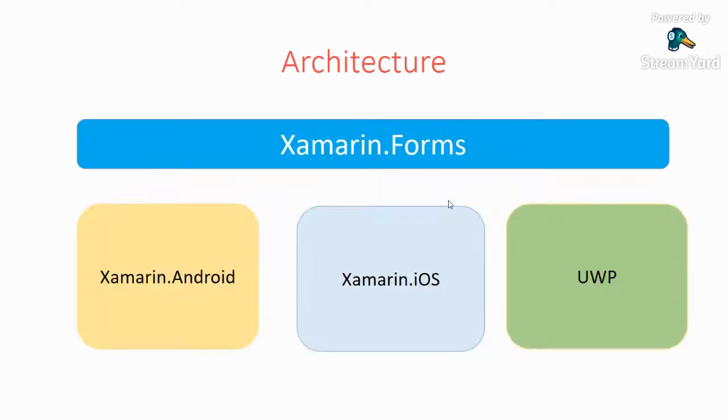And the architecture: Xamarin.Forms is built on top of Xamarin Android, Xamarin iOS, and the UWP platforms. For the native APIs you use in Xamarin.Forms, the developers give a unified, simplified API to create native UI controls.